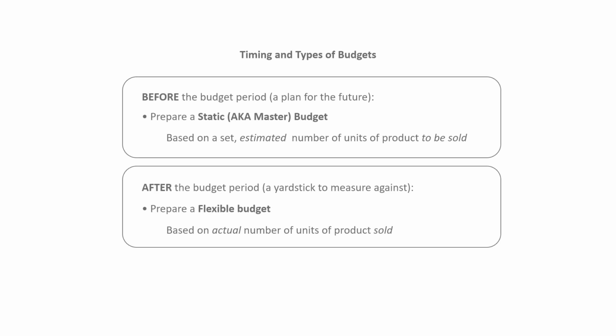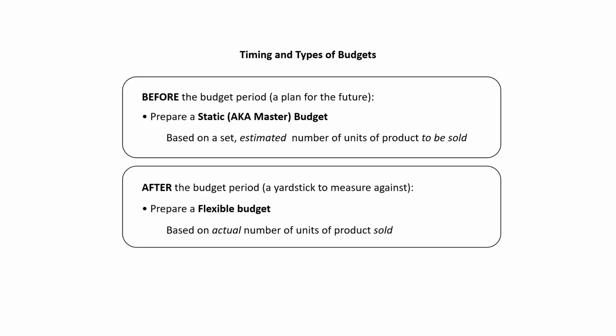In the previous video, we recognized the limitations of static budgets when we want to compare our actual results to our static budget or plan. If we actually sell more or fewer units than planned, we won't be able to compare our actual results to our static budget. We'd expect every variable cost amount to be different than what we had budgeted, and this isn't particularly useful information.